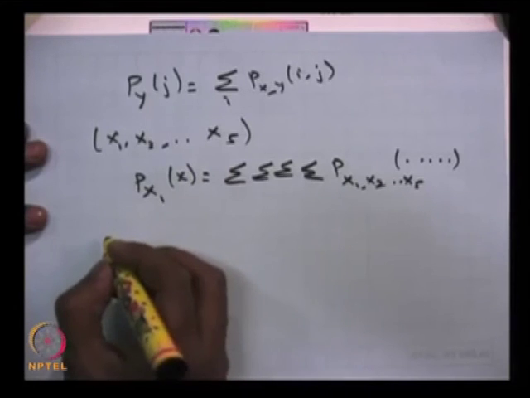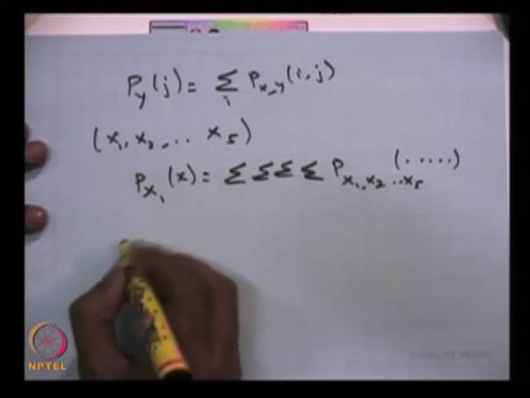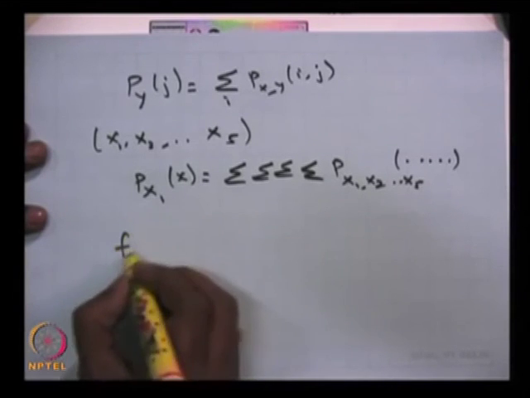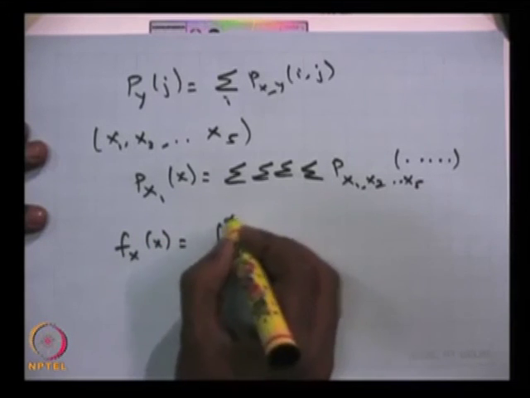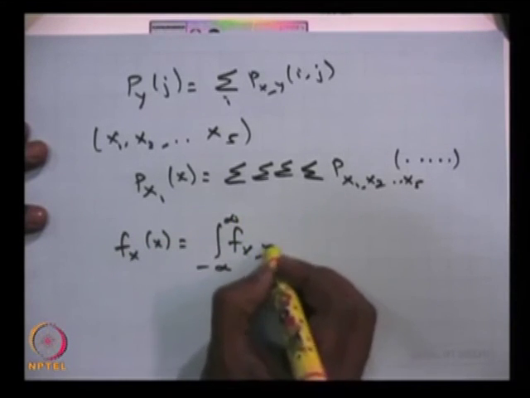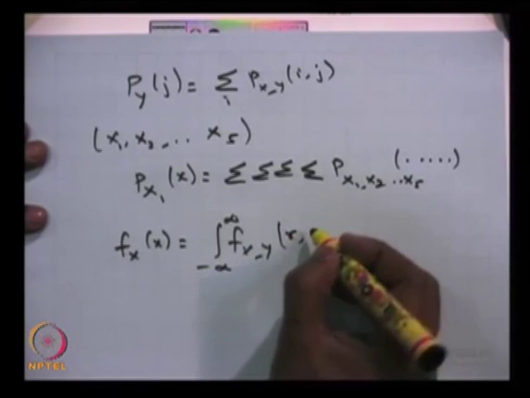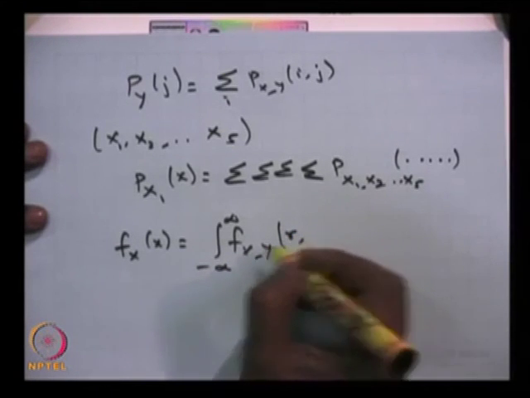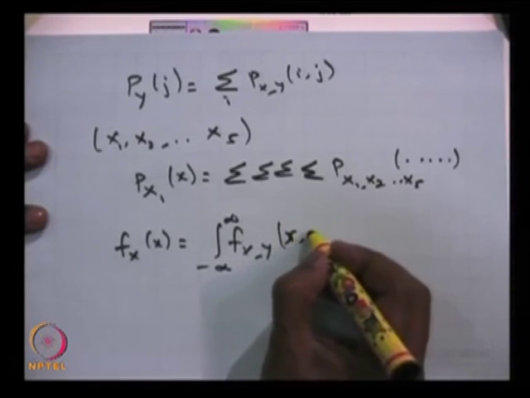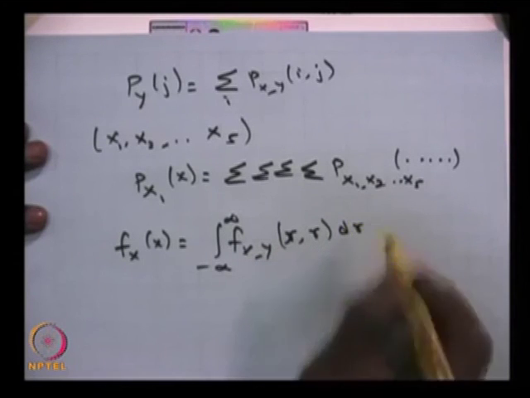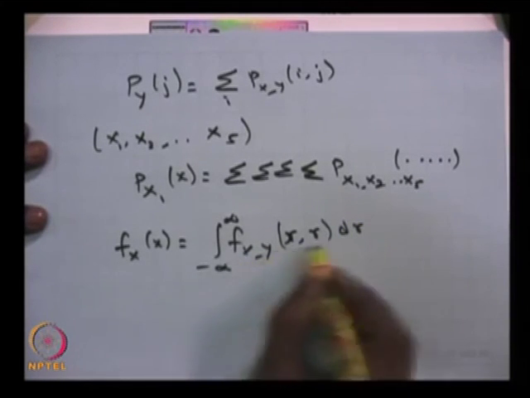Similarly, suppose you have a joint probability density function. From that you can get the marginal distribution of one random variable by integrating with respect to the other random variable. So this is a joint probability density function.